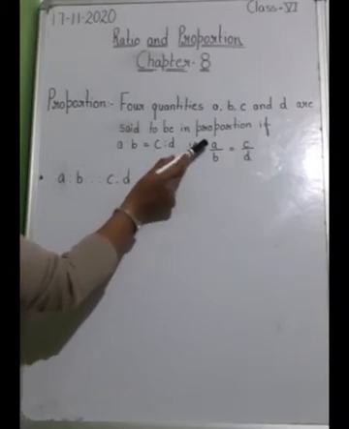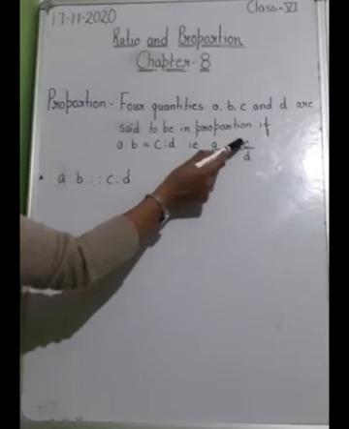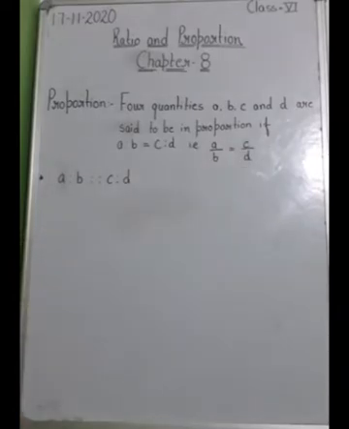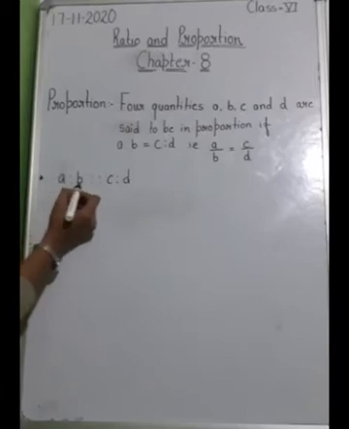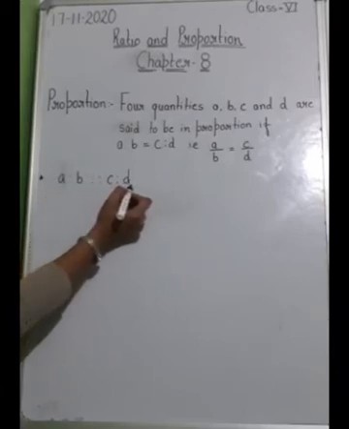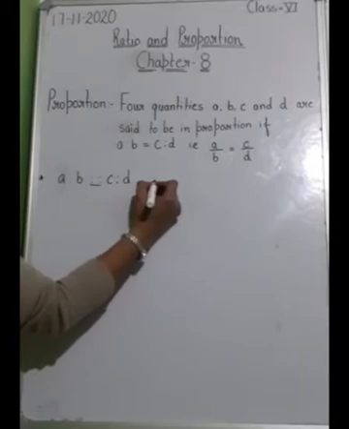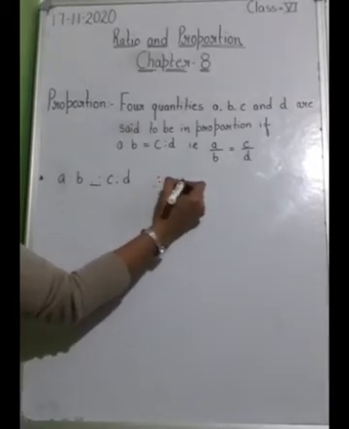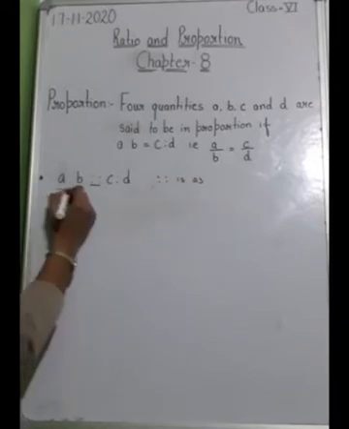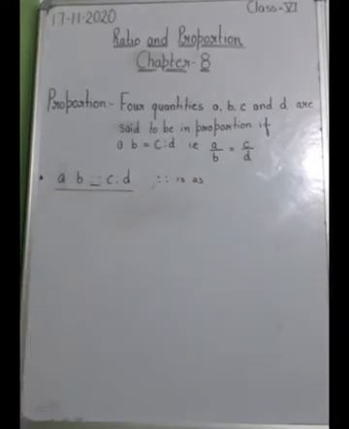You can also say that A upon B is equal to C upon D. There is another way of showing the proportion, that is where A ratio B is as C ratio D. This sign is read as "is as", and this is also a way of showing the proportionality.